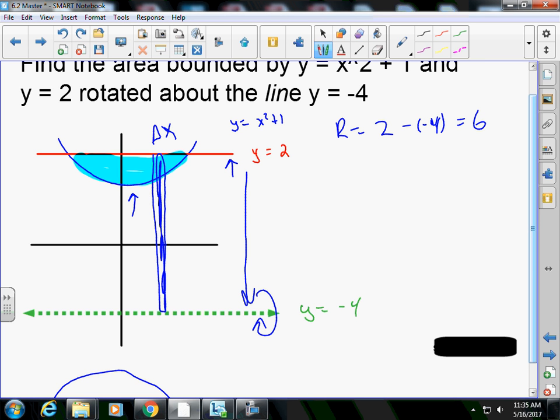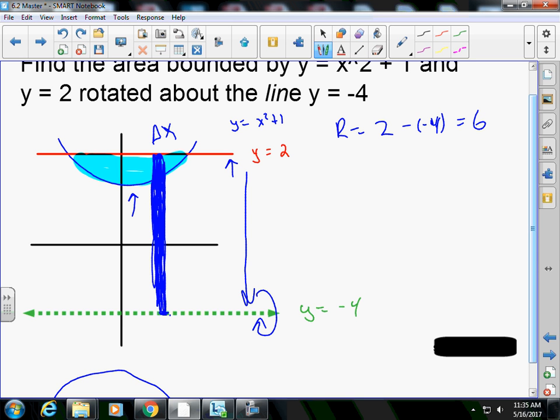All right? Because the distance, I have to talk about that distance. That R is going to go from here to here. Before we were using 0, it was either x equals 0 or y equals 0, so we didn't talk about subtracting it. But remember, my strips, the bottom of my strip, top of my strip, I need to have the length of my strip. So in this case, my length of my strip is going to go from -4 to 2.